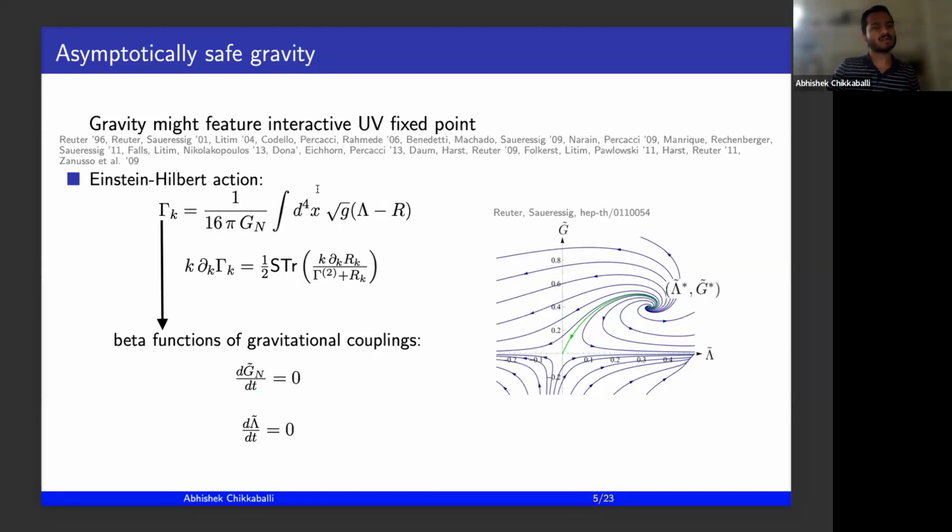So this means that if you consider the Einstein-Hilbert effective action and apply the usual FRGE methods, we find a non-zero finite fixed point for the dimensionless counterparts of Newton's constant and the cosmological constant. And many people have also shown that this conclusion doesn't change much, even if we include different matter content in this analysis. But what we are more interested in is how such an asymptotically safe quantum gravity affects the matter sector.